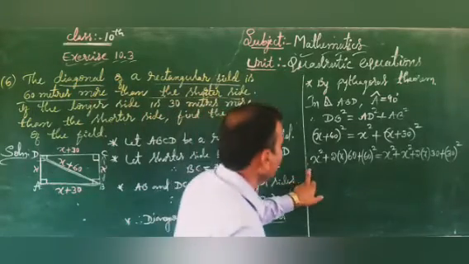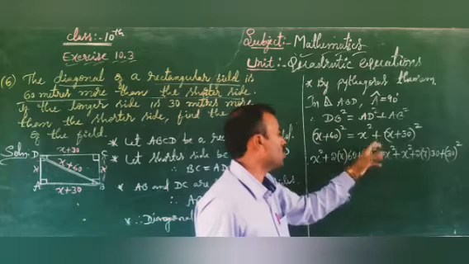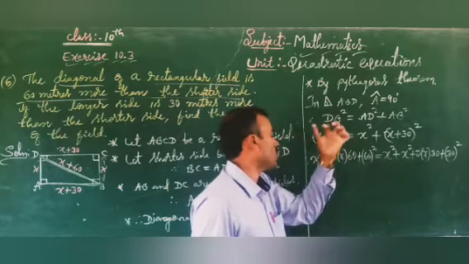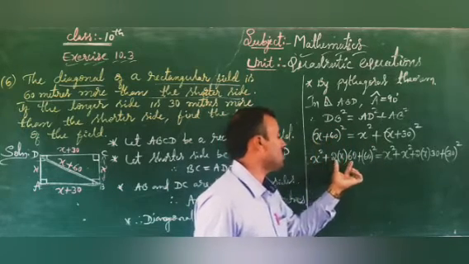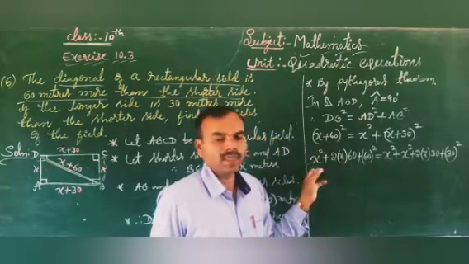Here x square plus 2x into 60 plus 60 whole square is of the form (a plus b) whole square, which is a square plus 2ab plus b square. According to that, we just apply here.